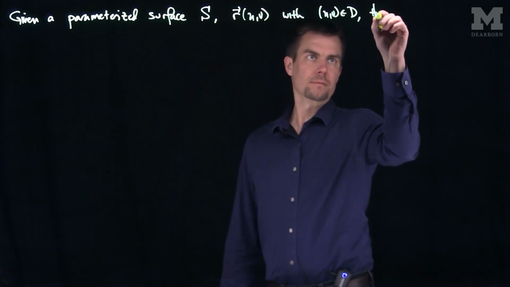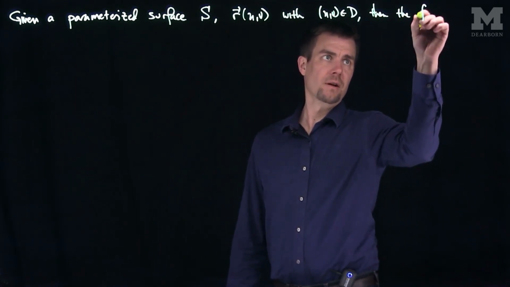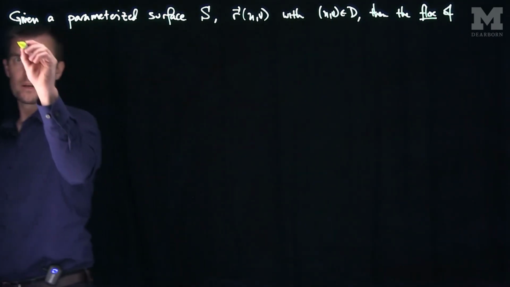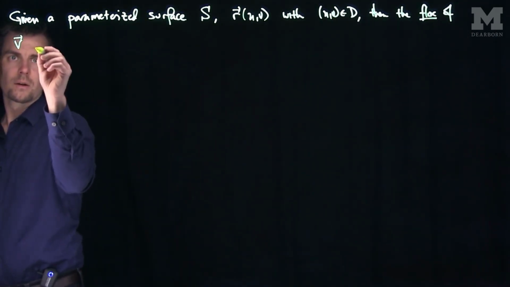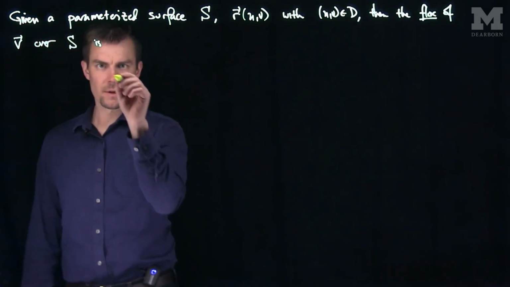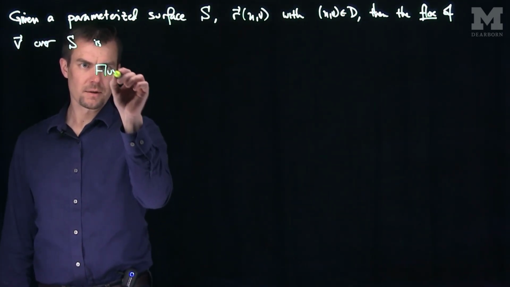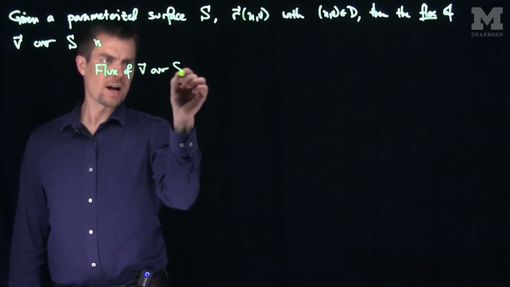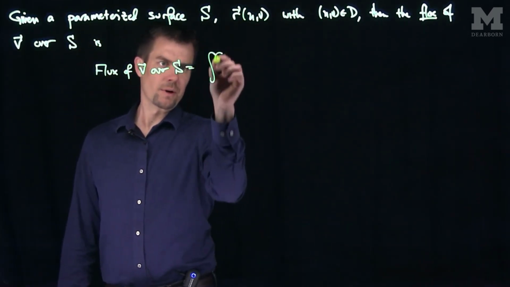Then the flux of a vector field v over S is, let's write down the flux formula, flux of v over the surface S, which I'm going to write with this notation.